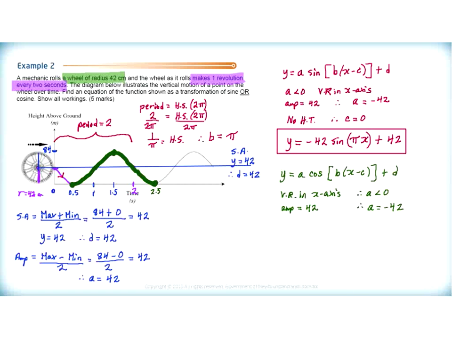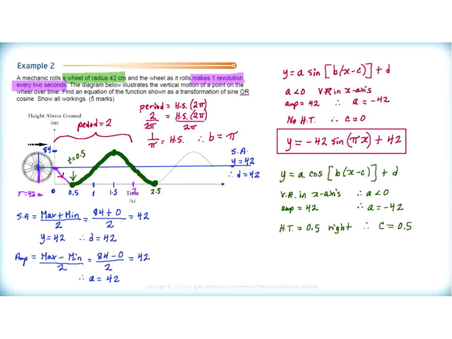In this case, though, notice that the initial point on the graph begins when the time is equal to 0.5 seconds. So that indicates to us that there has been a horizontal translation equal to 0.5 seconds to the right. So that tells us that the value of c will equal 0.5.